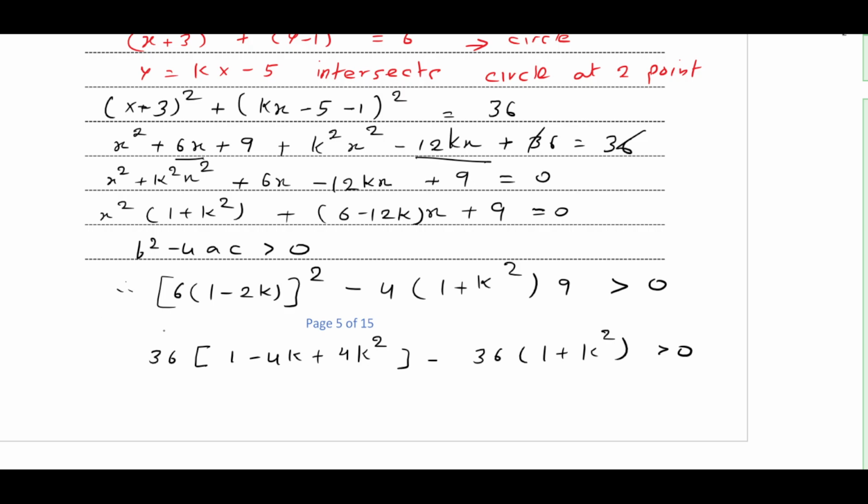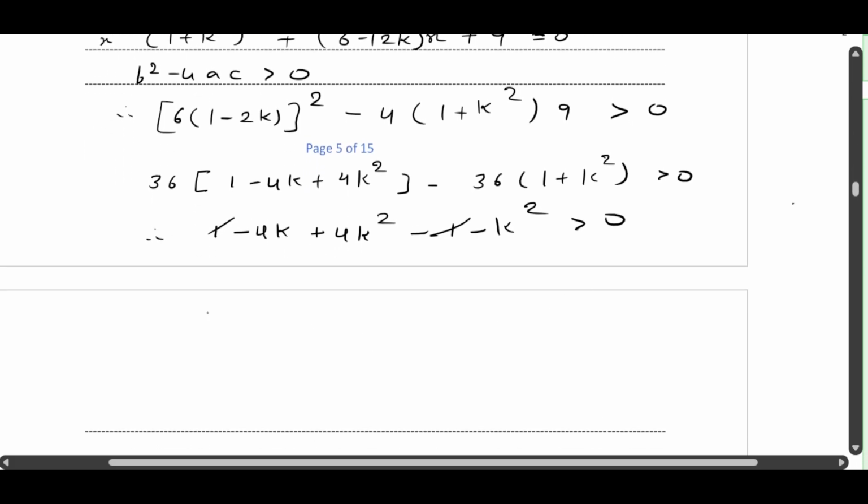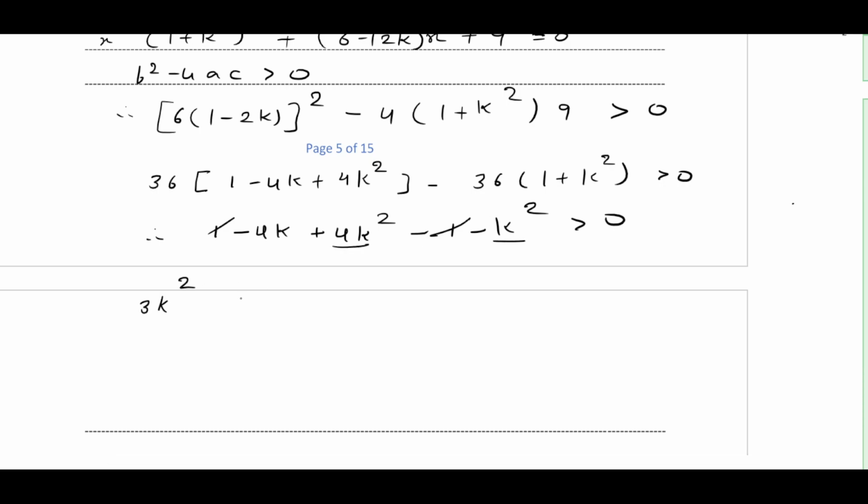This 36 we can take common and cancel. So finally, 1 minus 4k plus 4k square minus 1 minus k square should be greater than 0. The plus 1 and minus 1 cancel, and 4k square minus k square gives me 3k square. So I have 3k square minus 4k.